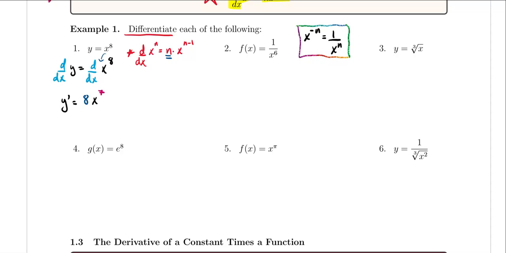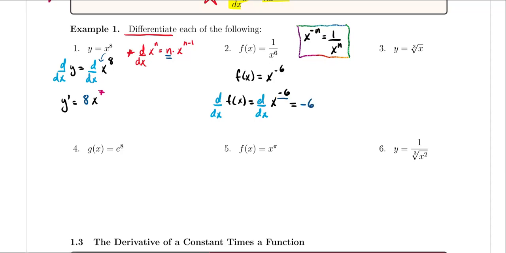Well, if we have 1 over x to the 6th, we can go ahead and reinterpret this one here as being x to the negative 6. Now we can use the power rule. Okay, so we're going to go ahead and take the derivative. Then we're going to get the derivative of f of x with respect to x equals the derivative with respect to x of x to the negative 6. And using the power rule, we bring down the power.